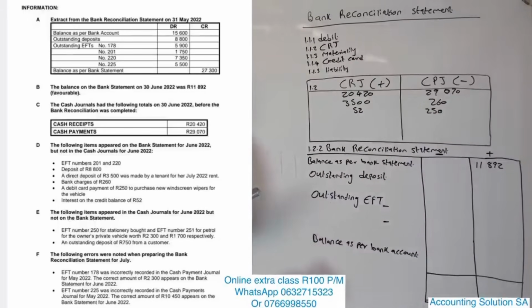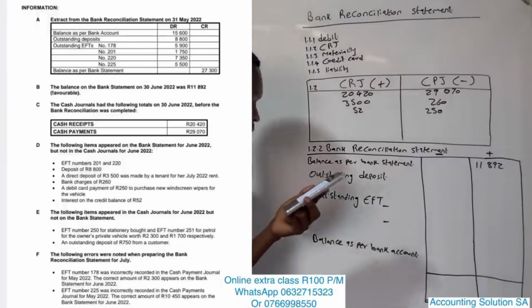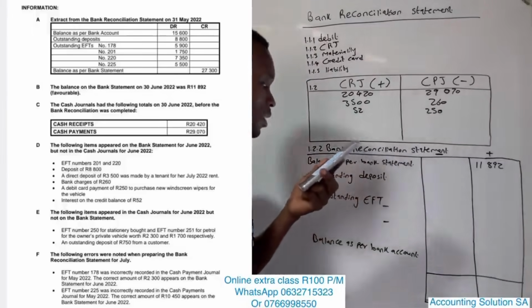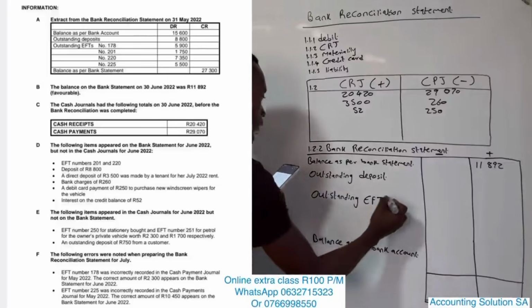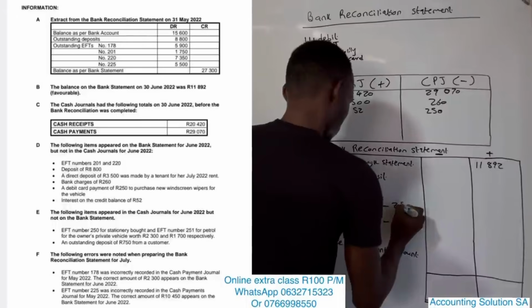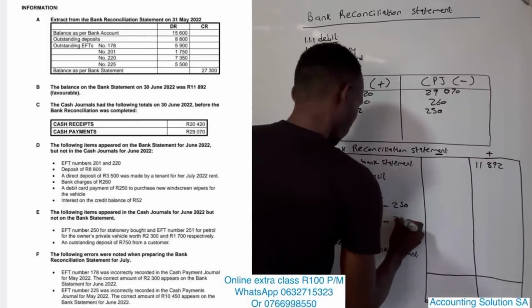Okay. Number E, the following items appear in the cash journal but not in the bank statement. Outstanding EFT number 250 for stationery bought, and EFT 251 for petrol of the owner. Okay, it's EFT 250 and 251.